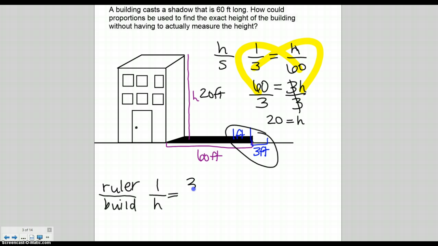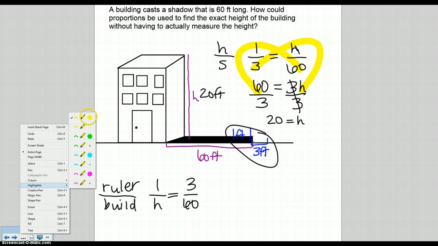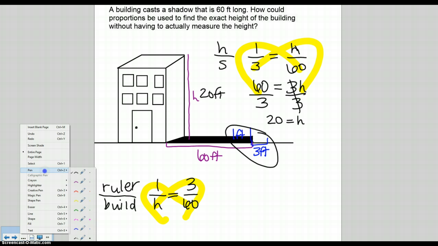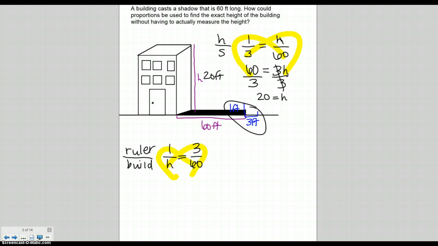Then I put the shadow of my ruler, which is 3, over the shadow of my building. Doing the cross multiplication, do that karate chop. You have 1 times 60 is 60, 3 times H, 3H. Again, divide by the 3. And again, you get 20 equals H.